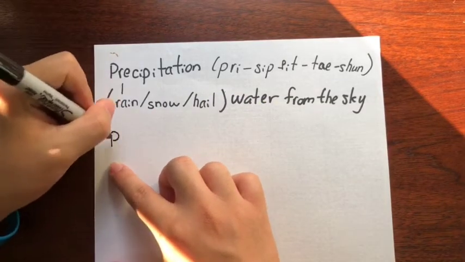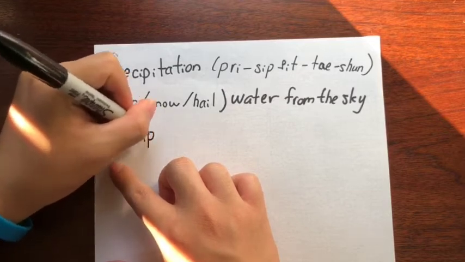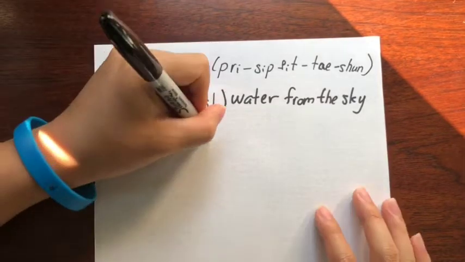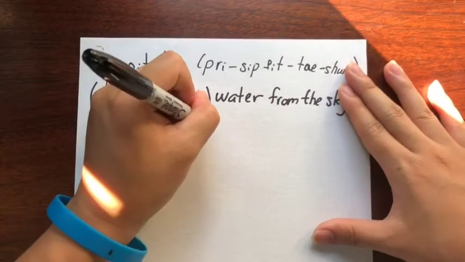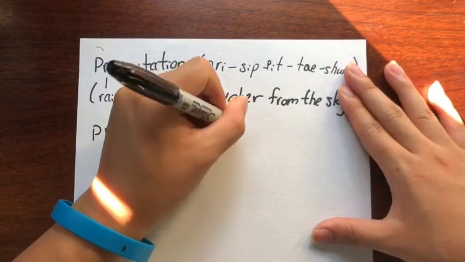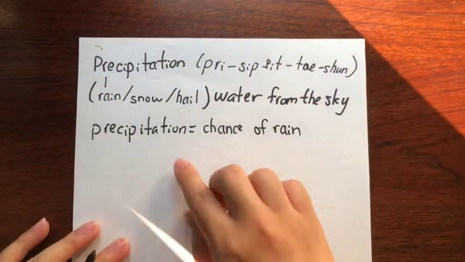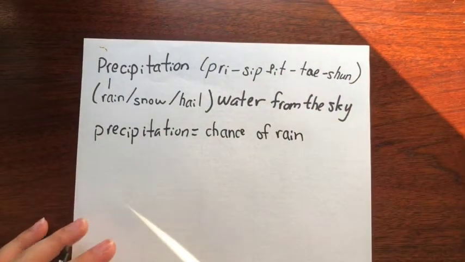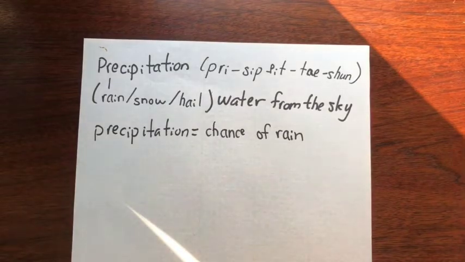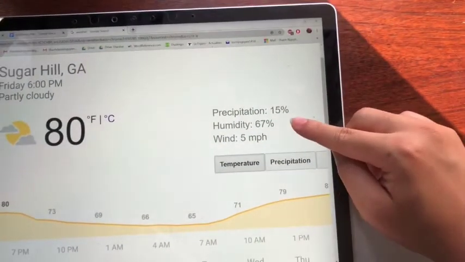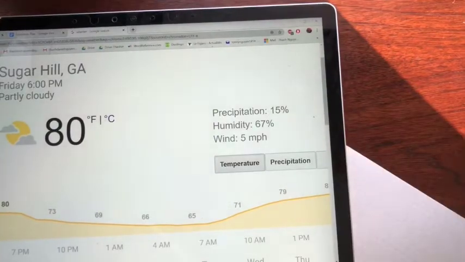So, precipitation is chance of rain. What is the chance of rain? Do you think it will rain today? Let's see. The precipitation is 15%.